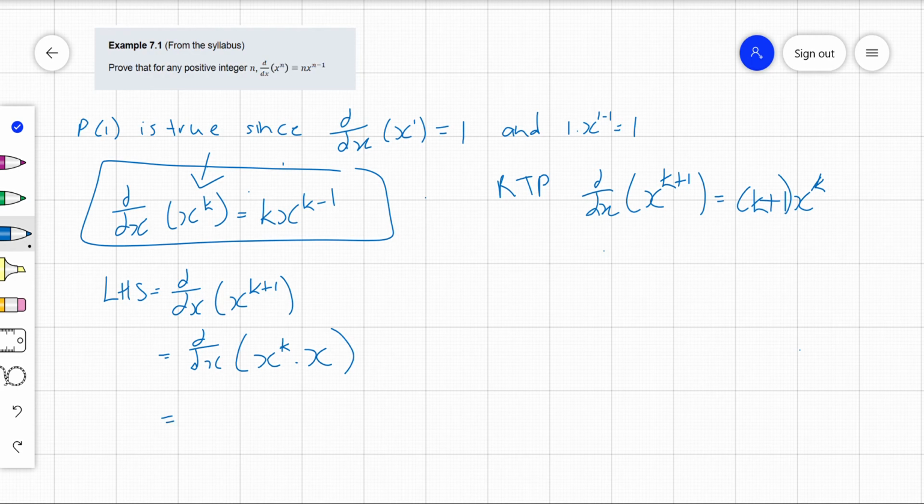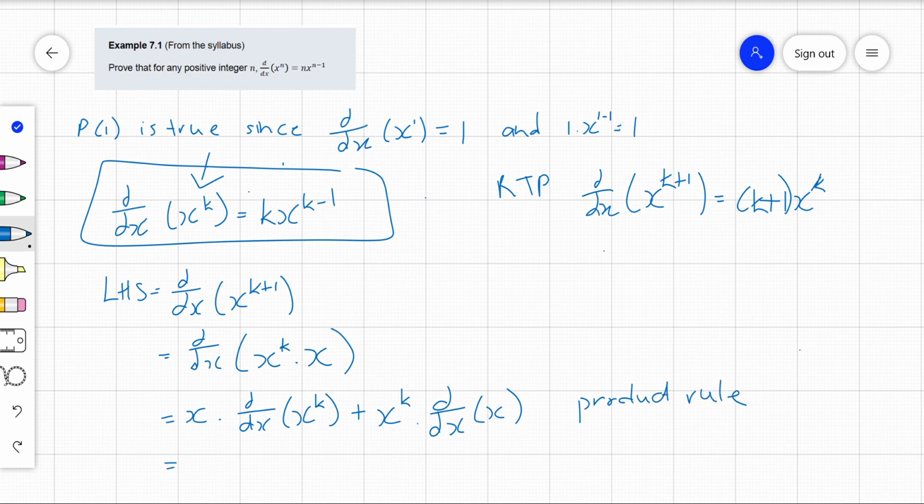So by our product rule, we would differentiate the x to the k and times by the x. So I'll put the x first. So I'm going to take the x and I'm timesing by the derivative d by dx of x to the k plus, so the other way around would take the x to the k and d by dx of, so differentiate with respect to x, the x part. So this is using the product rule.